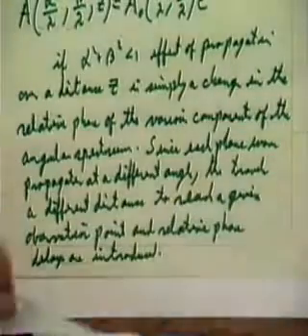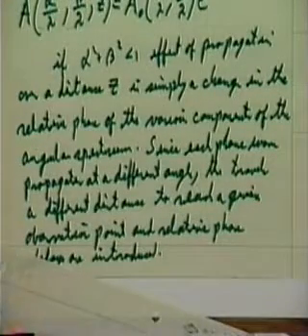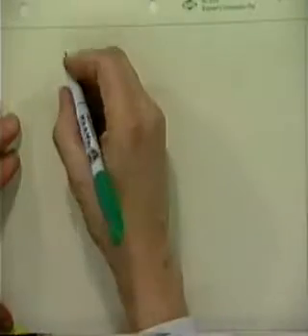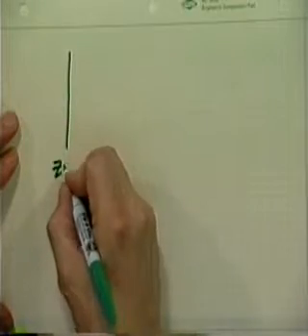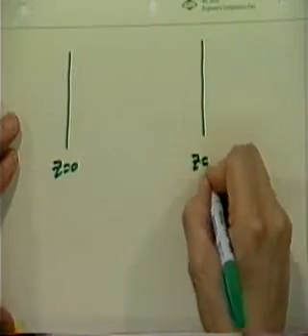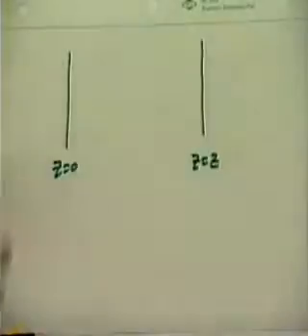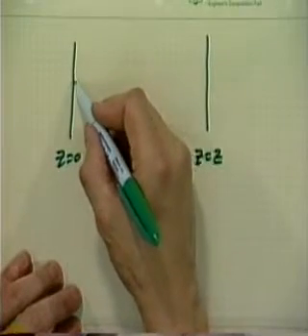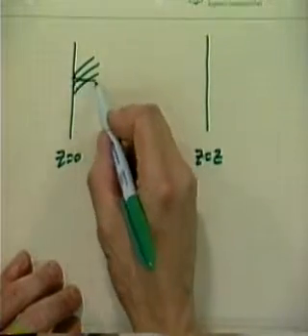Okay. So, just drawing a little diagram here. We have these two planes in space. Z is equal to 0, and Z is equal to whatever Z is, distance away. And in this plane, Z is equal to 0, we have these different plane waves, okay?